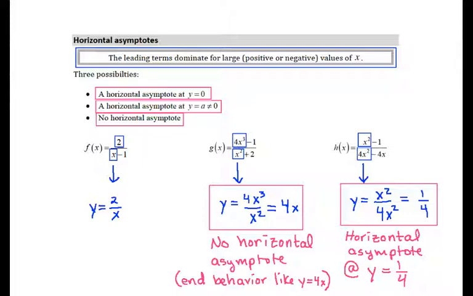It never approaches a constant value. The one that we already looked at that had end behavior like the line y equals 1/4 had end behavior like a horizontal line. That's exactly what a horizontal asymptote is. Finally, we'll look at the first example, y equals 2/x. This is similar to our distance, rate, time example. As x gets bigger, 2 over x approaches 0.